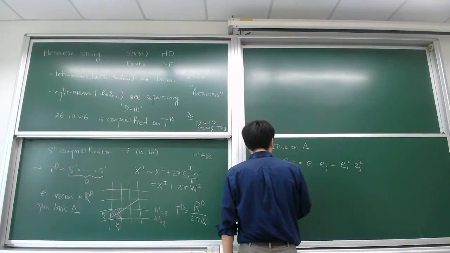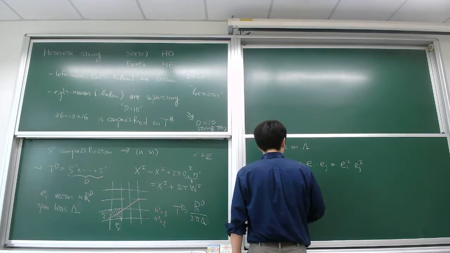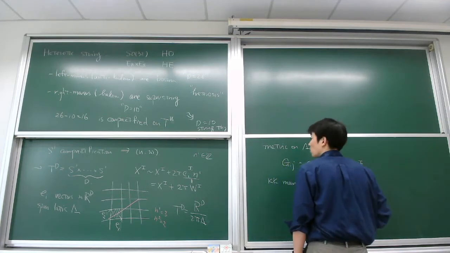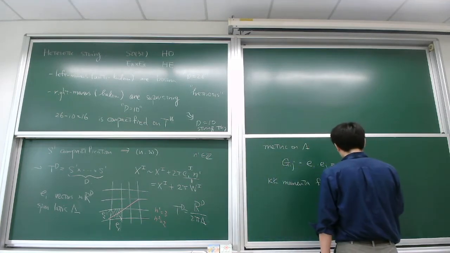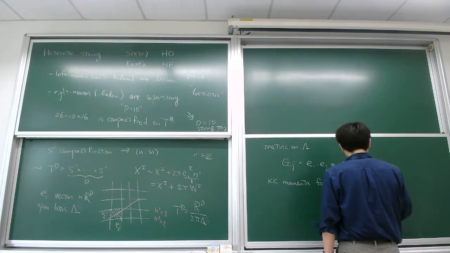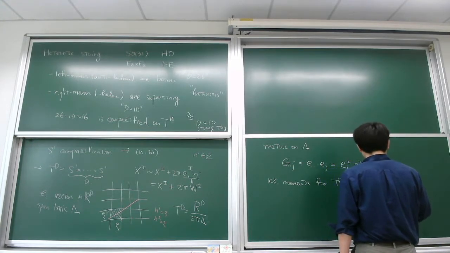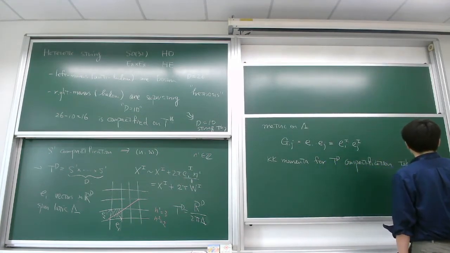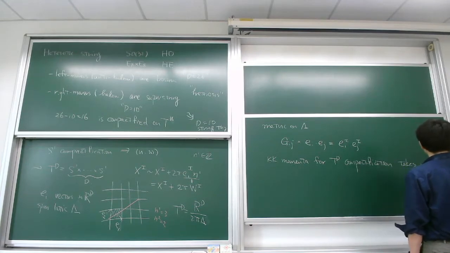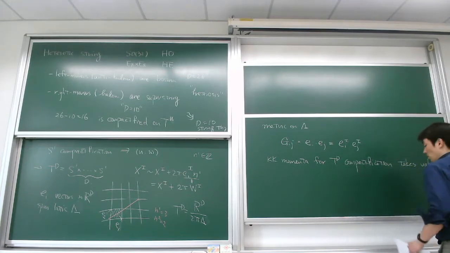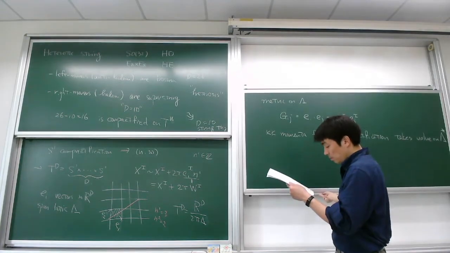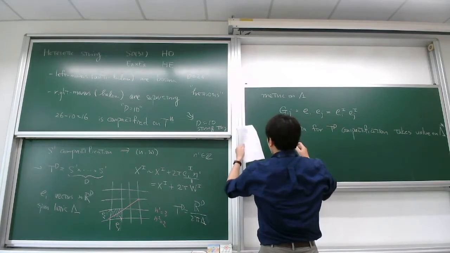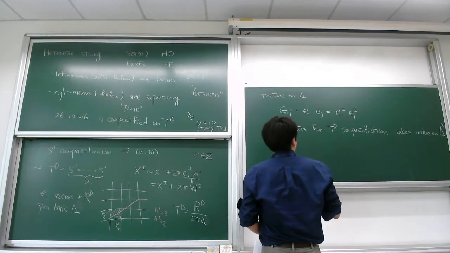So the KK momenta for the torus compactification take values on the dual lattice.